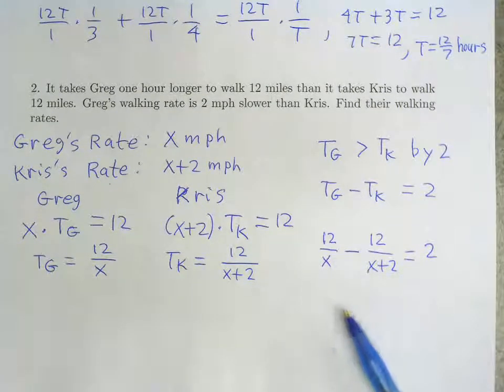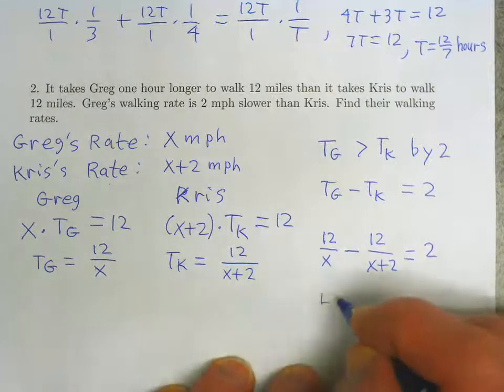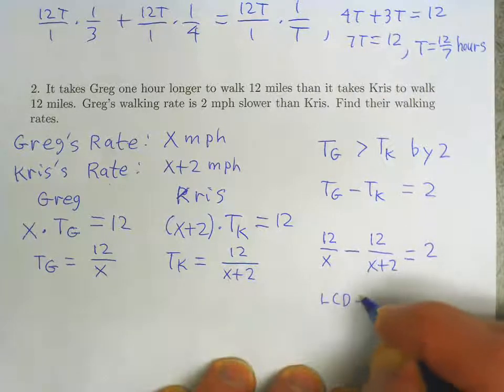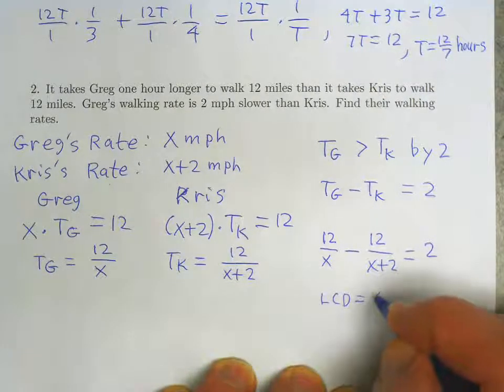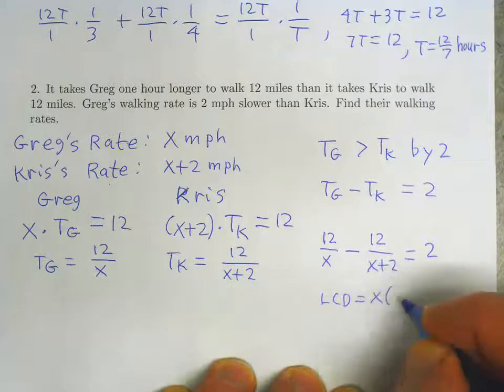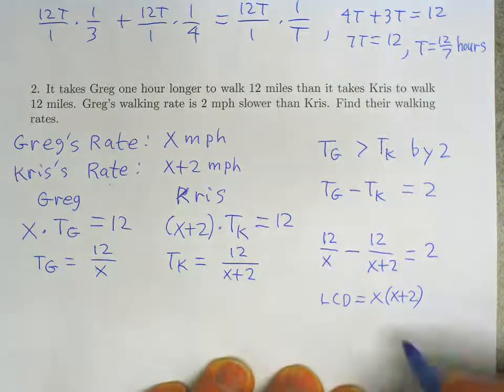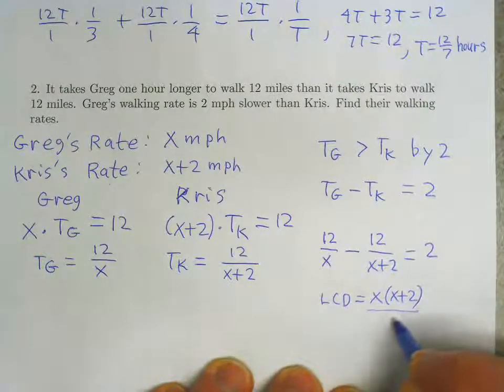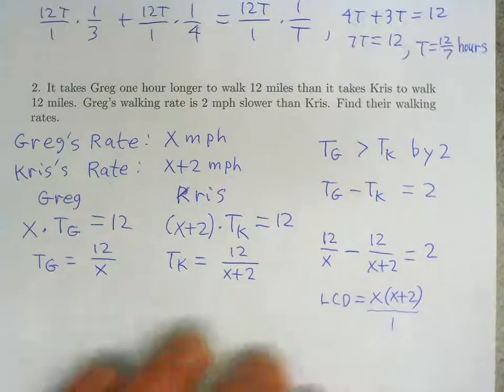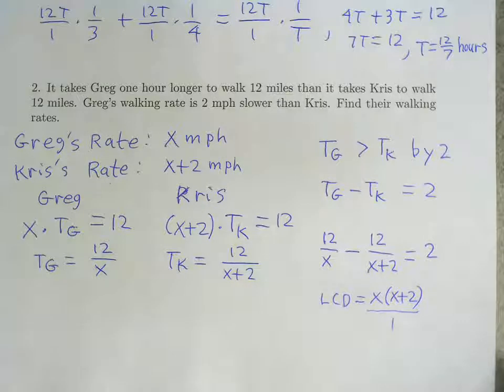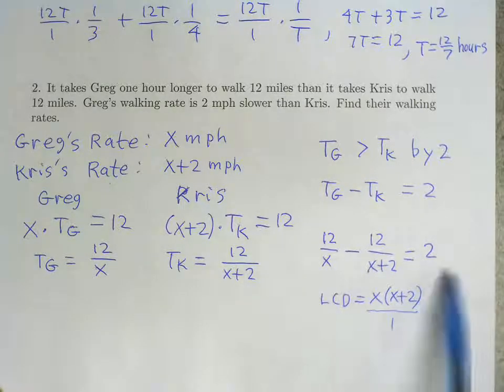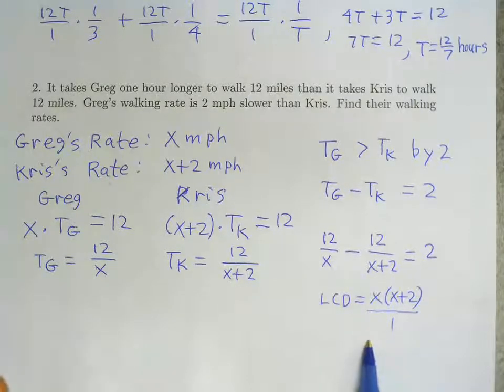x appears in each of 2 denominators. So the method is multiply both sides of the equation, every term on both sides, by the least common denominator. The least common denominator is just x times x plus 2. Think of that as x times x plus 2 over 1, if you like. So we'll multiply every term on both sides by this least common denominator.